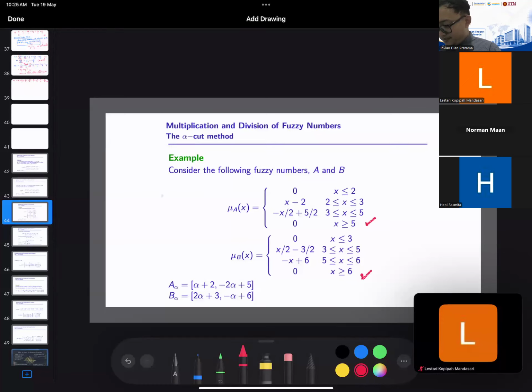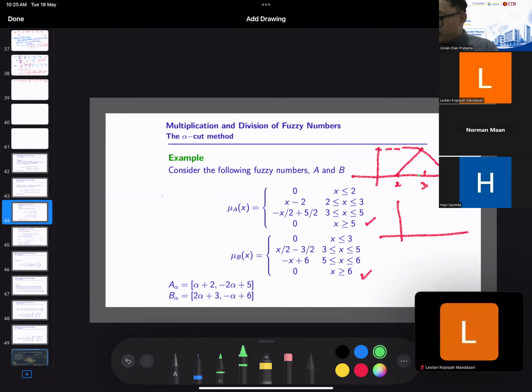So this one is also good for you to sketch the diagram, so that you can see how it looks. You have 2, you have 3, and then you have 5. So here this is a triangular membership function. And then for another one, I can sketch it on the same coordinate.